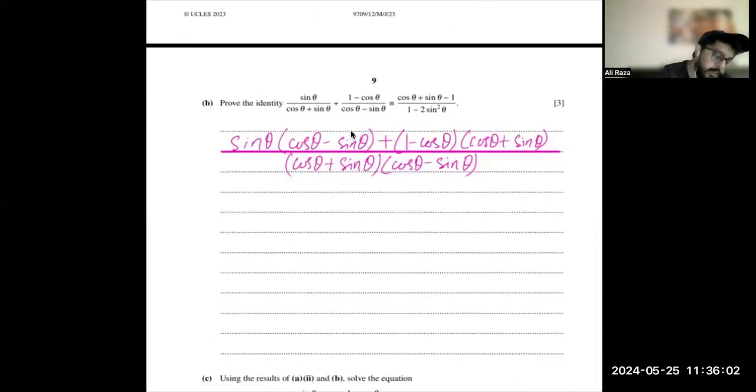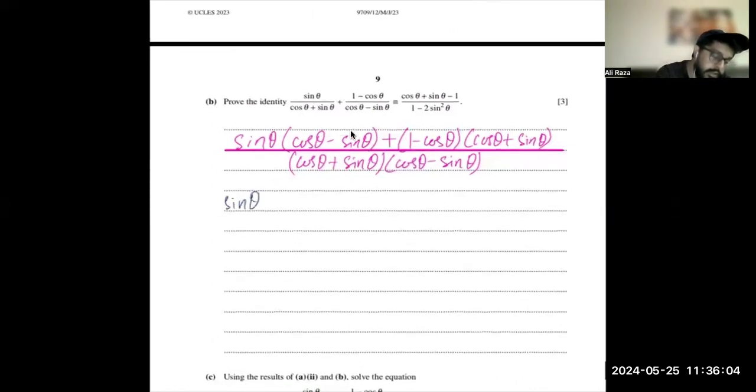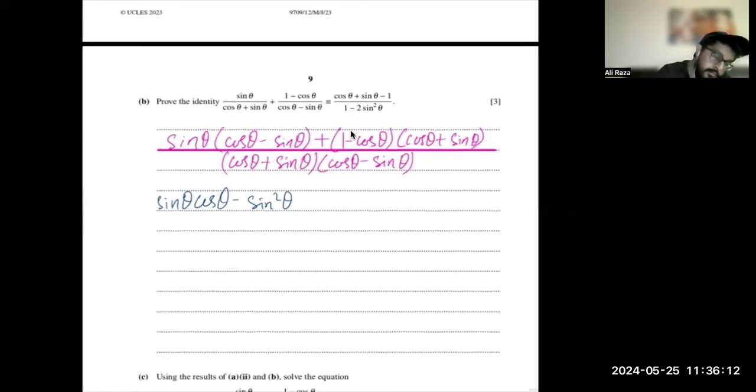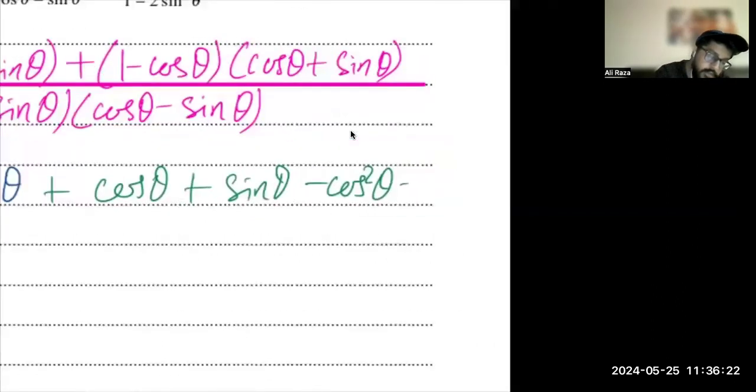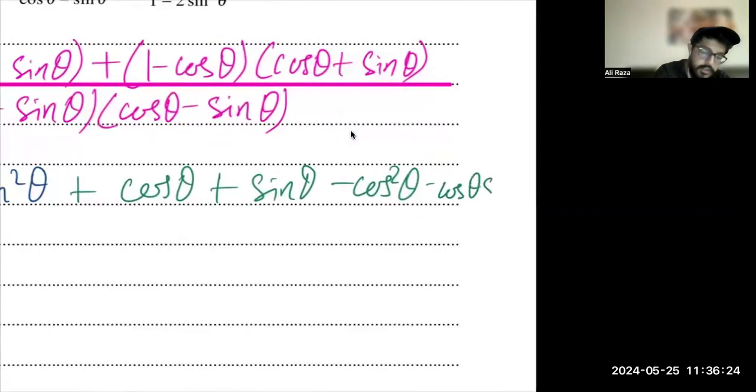The numerator expands to sin theta cos theta minus sin square theta plus cos theta plus sin theta minus cos square theta minus cos theta sin theta.